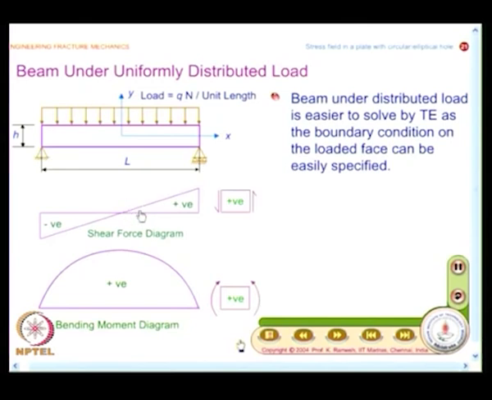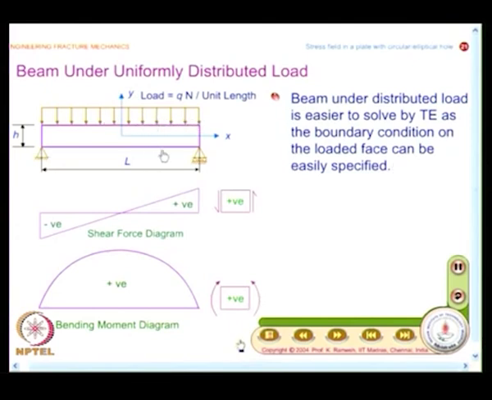And another aspect is, while you learn how to draw bending moment diagram, you first take up the case of concentrated forces. You may have a 3-point bend, I may have a concentrated force rather than a distributed loading. But when you solve the problem by theory of elasticity, the boundary conditions could be easily specified when the loading is distributed like this.